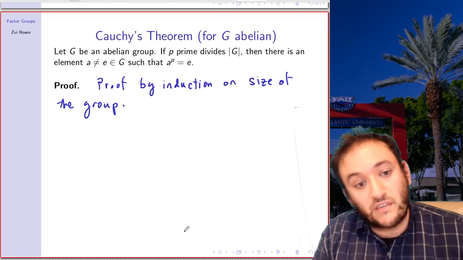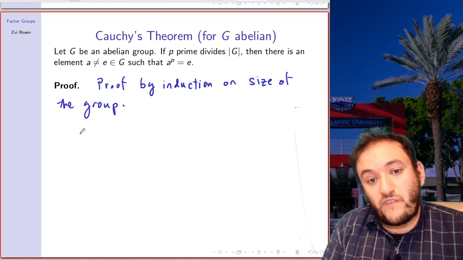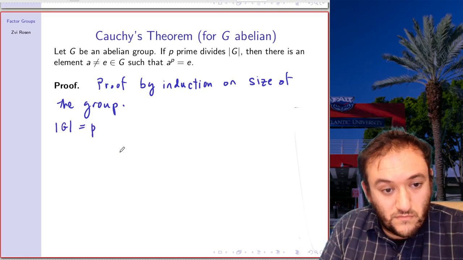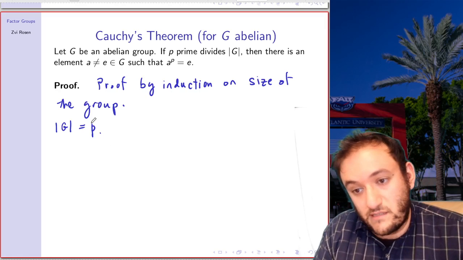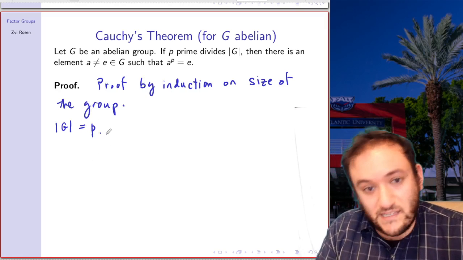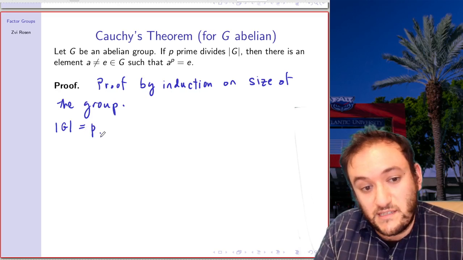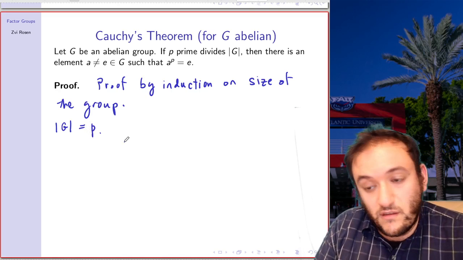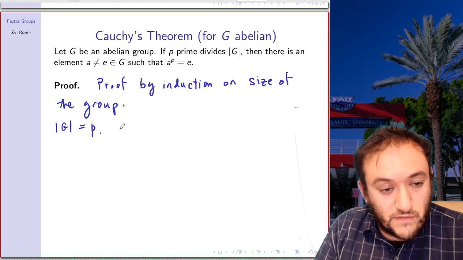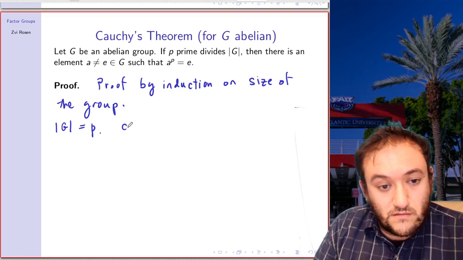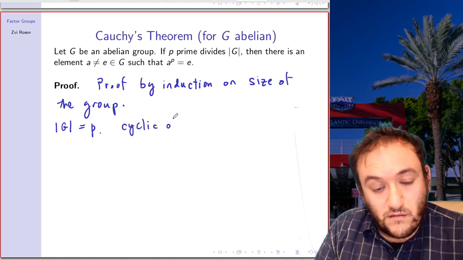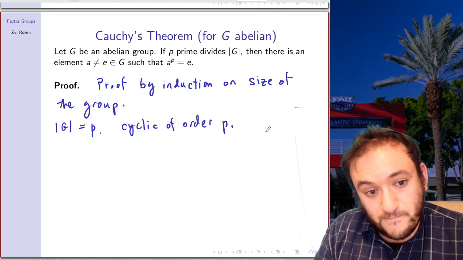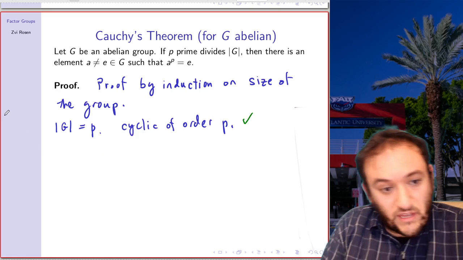In particular, if the size of the group is just equal to a prime, then as a consequence of Lagrange's theorem, it's the cyclic group of size P, so it has an element of order P. So that works. This will be our base case.